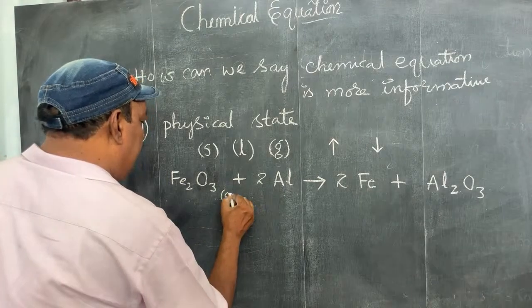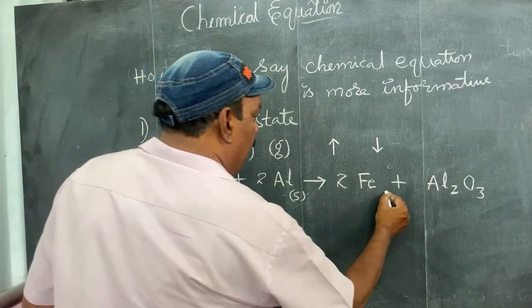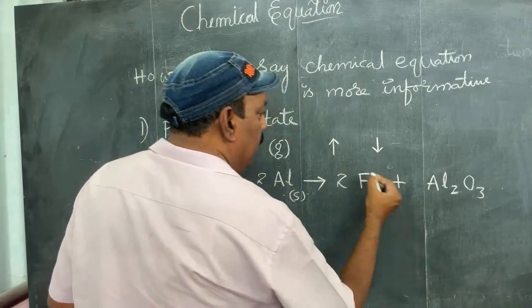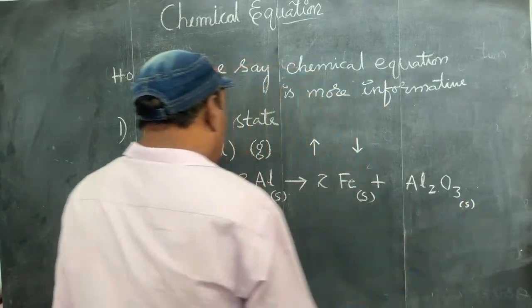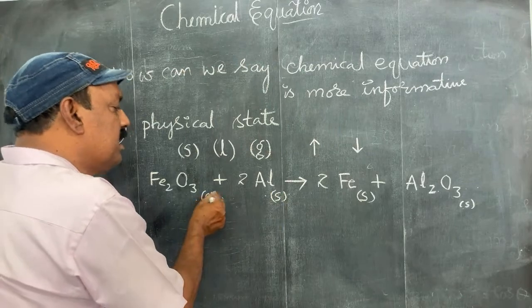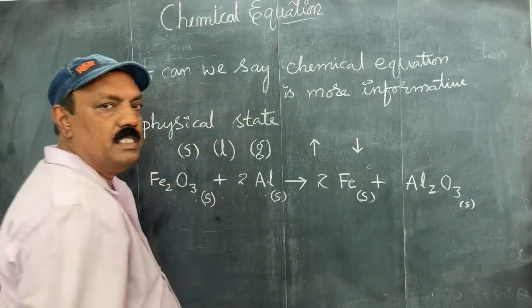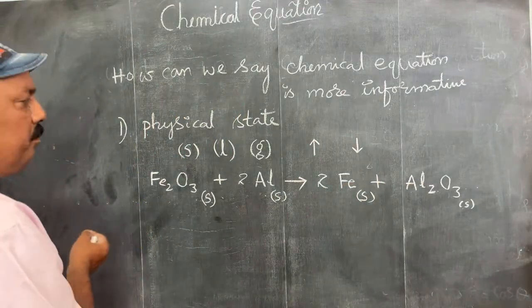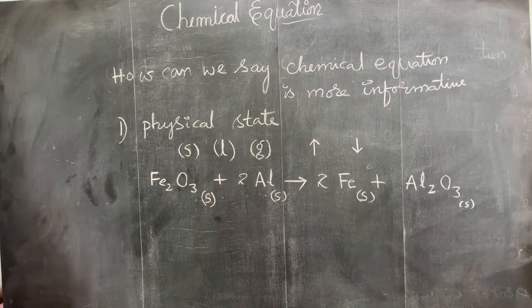Here this is a solid, this one also is solid, and here also solid, here also solid. Symbolically showing whether the reactants or the products are solids or liquids is why we call it the physical state of a chemical equation.